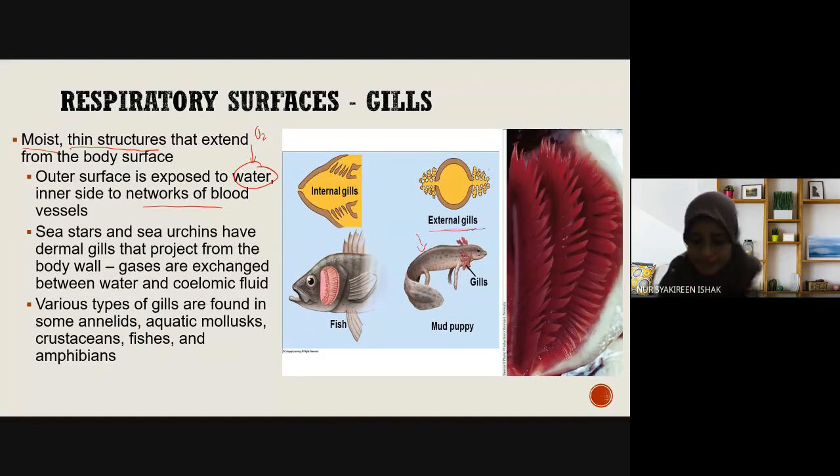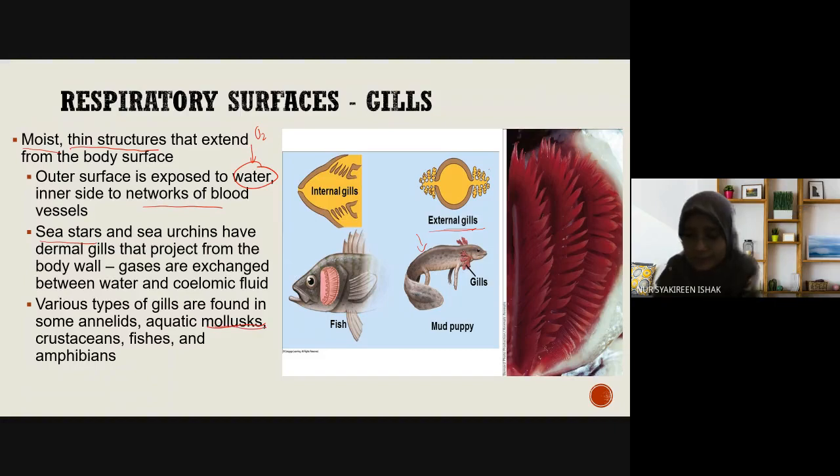Okay, so sea stars, and also sea urchins, have dermal gills that project from the body wall. So gases are exchanged between water and the coelomic fluid. Okay, so various types of gills are found in some annelids. Okay, worms. Okay, aquatic mollusks. Jadi clams, for example clams.